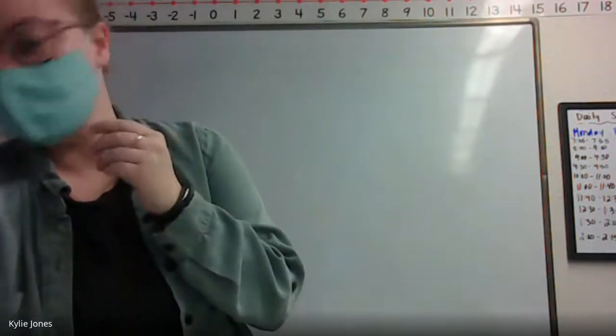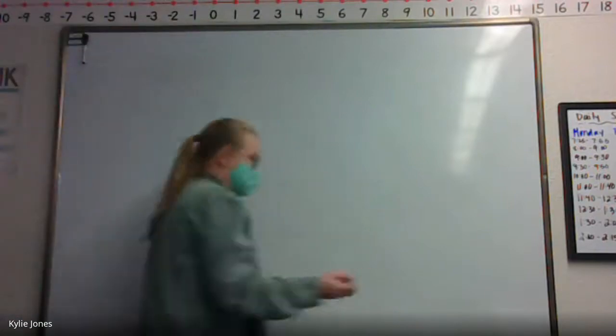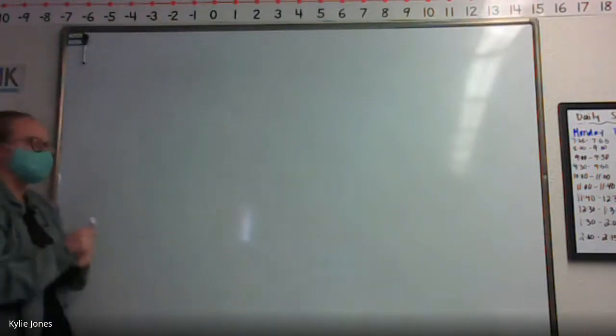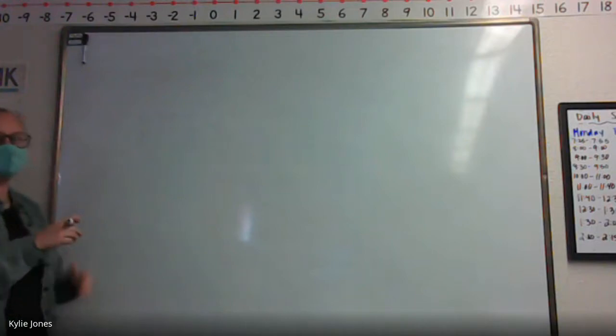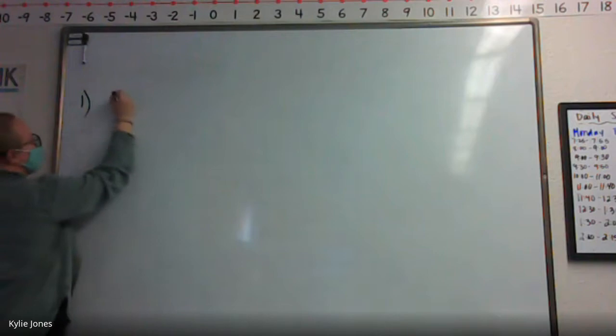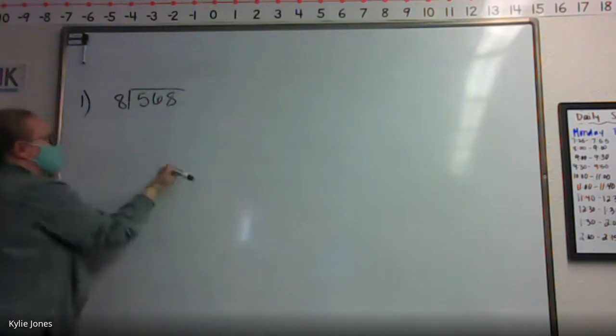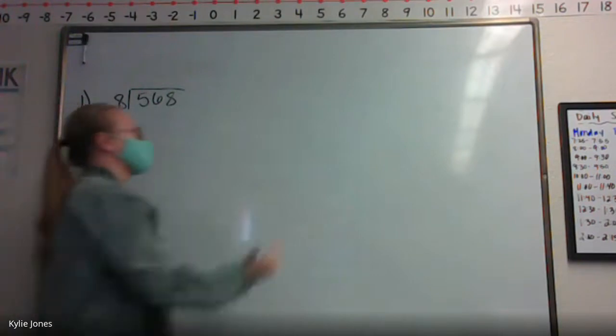Okay. I'm going to get a warm-up on the board. It's going to be things that you guys know how to do, but we're going to use it a lot the next 2 weeks. Number 1, let's do 568 divided by 8.